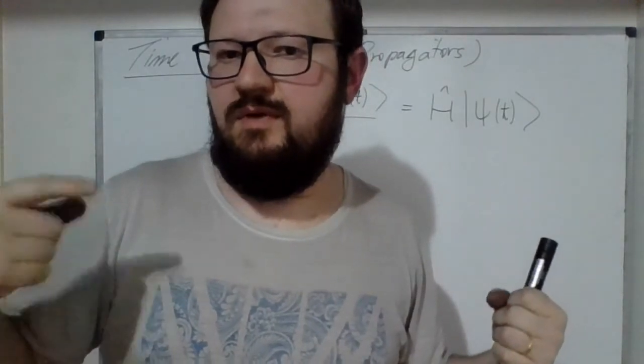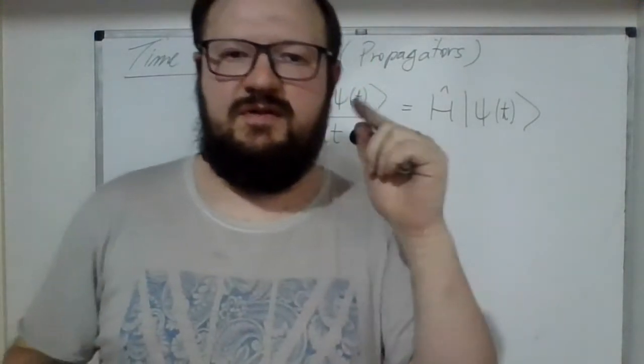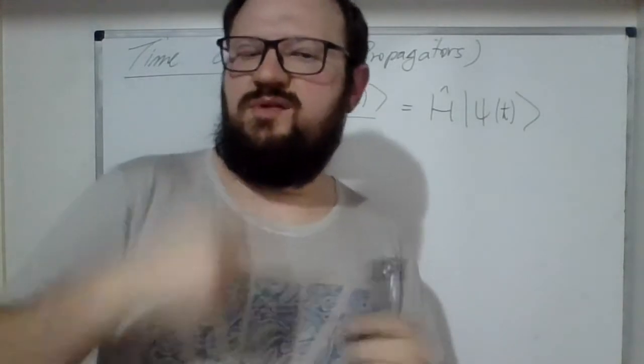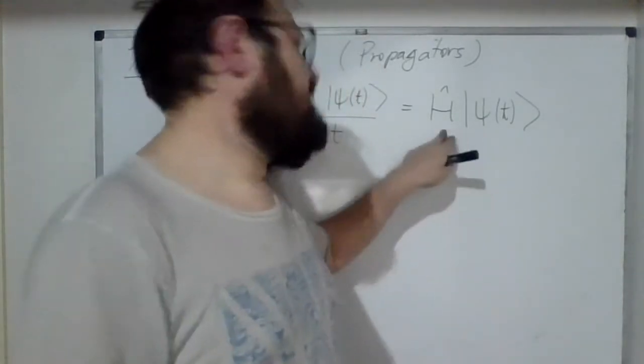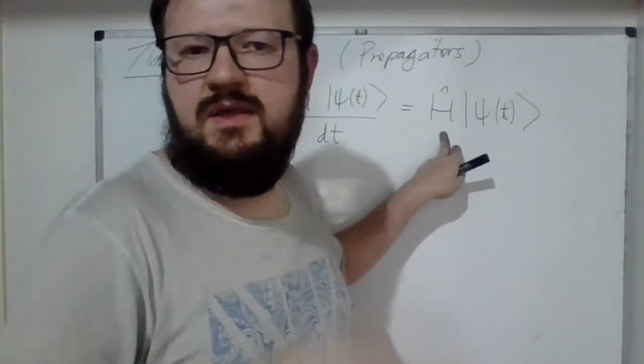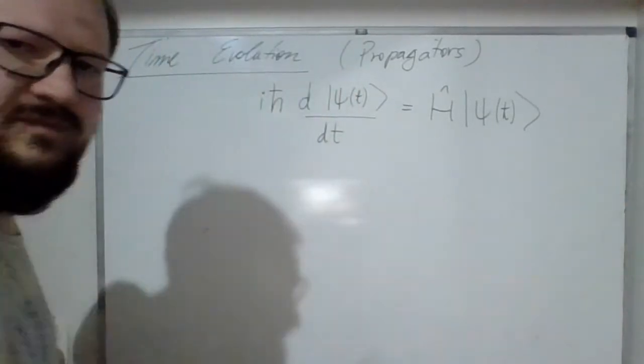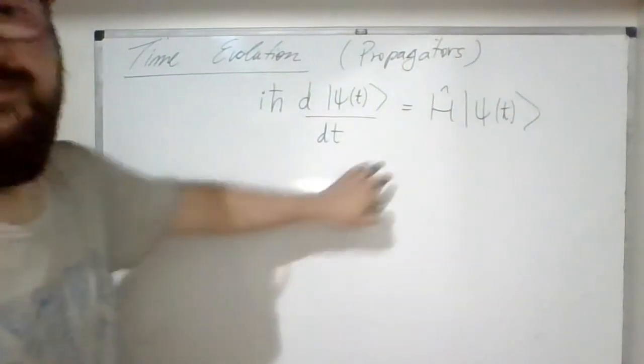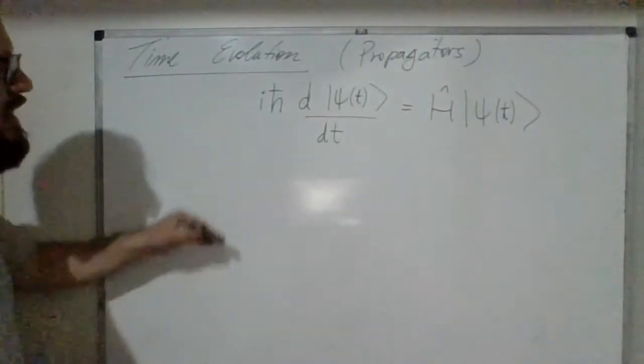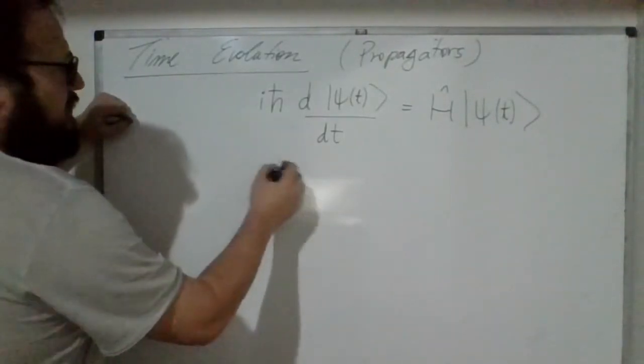So now your function is not a function of just position, but position and time, but it can be a simpler Hamiltonian here. It can be a spin Hamiltonian or anything you wanted to find out how it evolves in time.